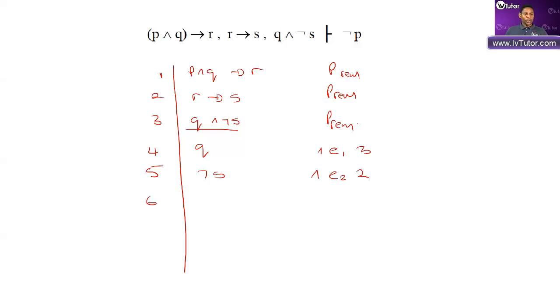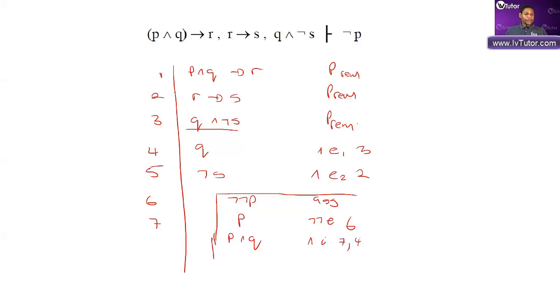Now, if I were to do this, I've got Q. Even if I then go and open an assumption box for negation, negation P, like that, which becomes P after double negation elimination on number 6, I will have P and Q. I can have P and Q, right? This is conjunction introduction on number 7 and number 4.